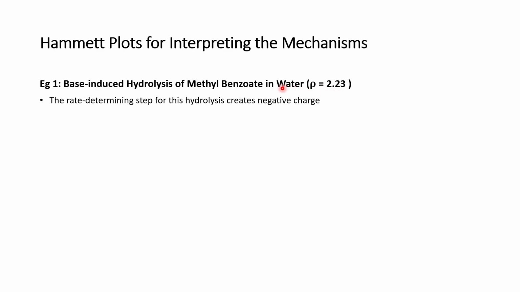From the previous slides, we know if the rho is largely positive, that means the reaction is more sensitive towards the substituent. And also from the large positive value, we can say during the rate determining step for this hydrolysis, it actually creates a negative charge.